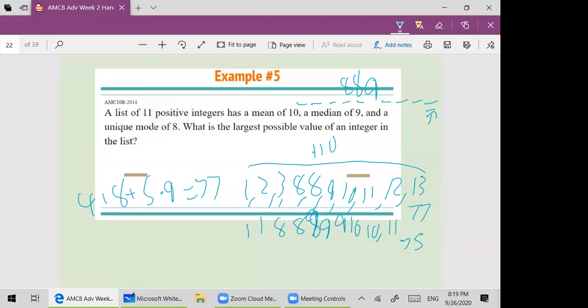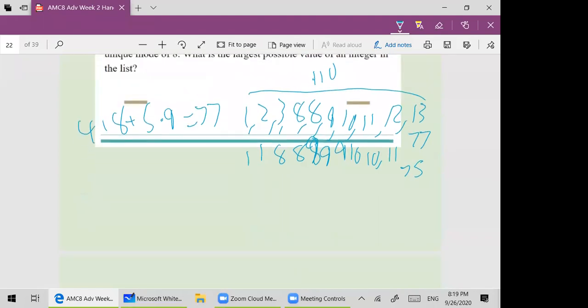So the smallest possible sum of the first 10 numbers is 75. And so the largest possible value of the 11th number is 110 minus 75, which equals 35.